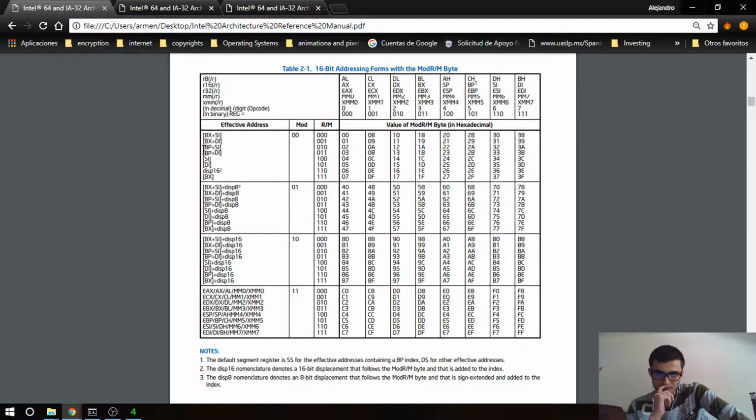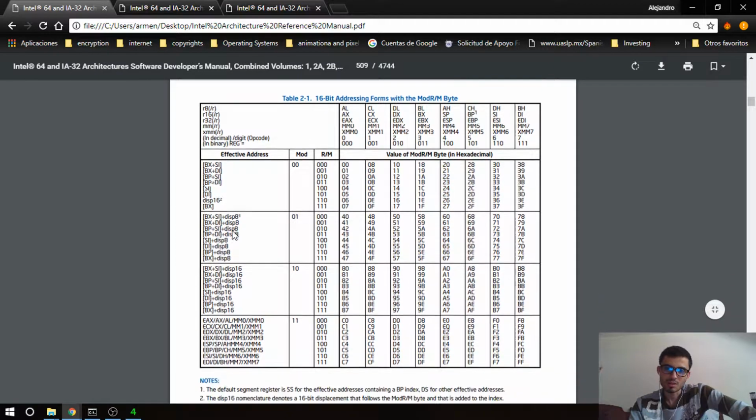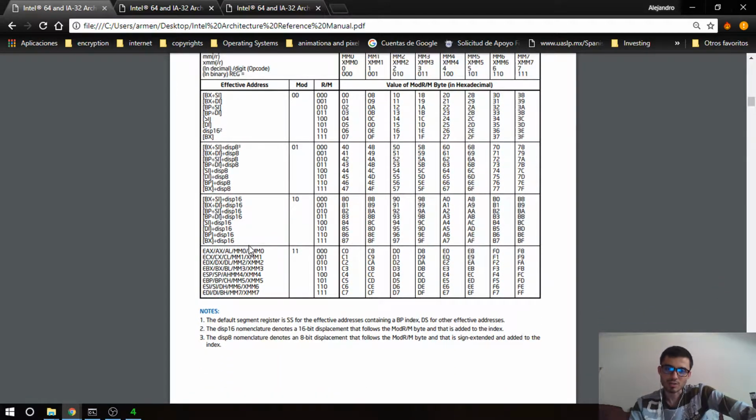But that means that it's using this SS for indexing or for storing. Yeah, it doesn't mean there's storing in this table, so yeah, it's for indexing.